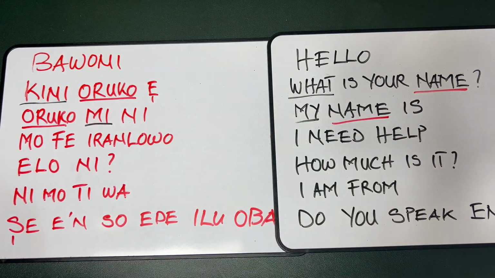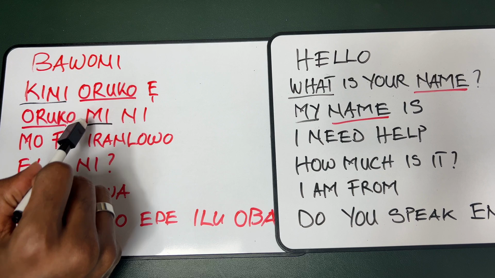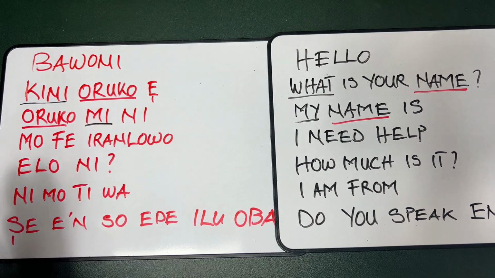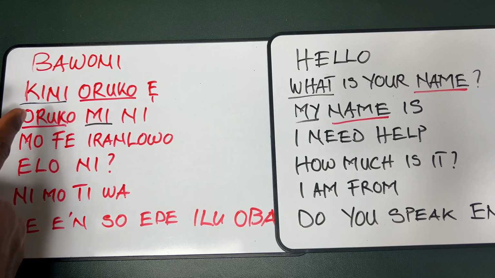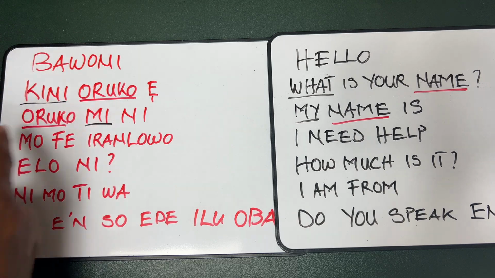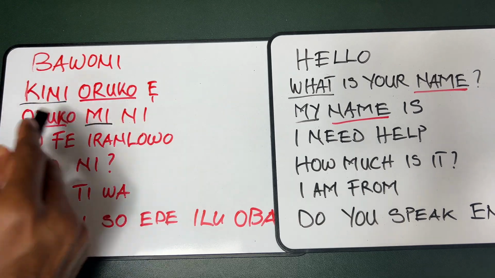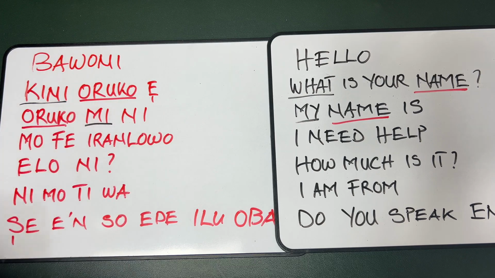And the ni is. So name my is. So my name is. Orúkọ mi ni. So that's my name is.